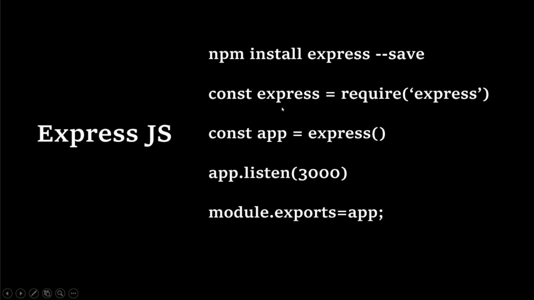We imported Express, and then I wrote const app equal to express of, creating an instance of Express. Once you write app.listen of 3000, the server starts and listens on port 3000 for all the connections. By exporting it, using module.exports equal to app, you can use this app in other files as well.